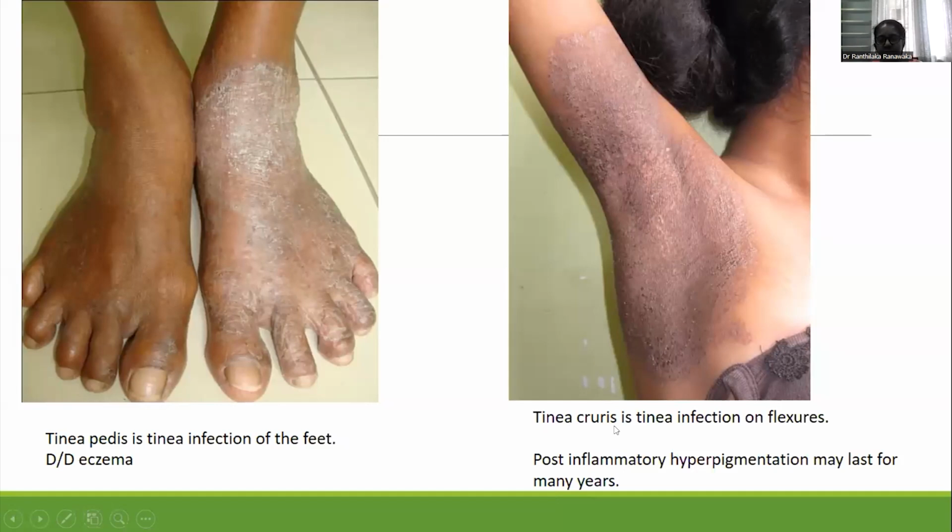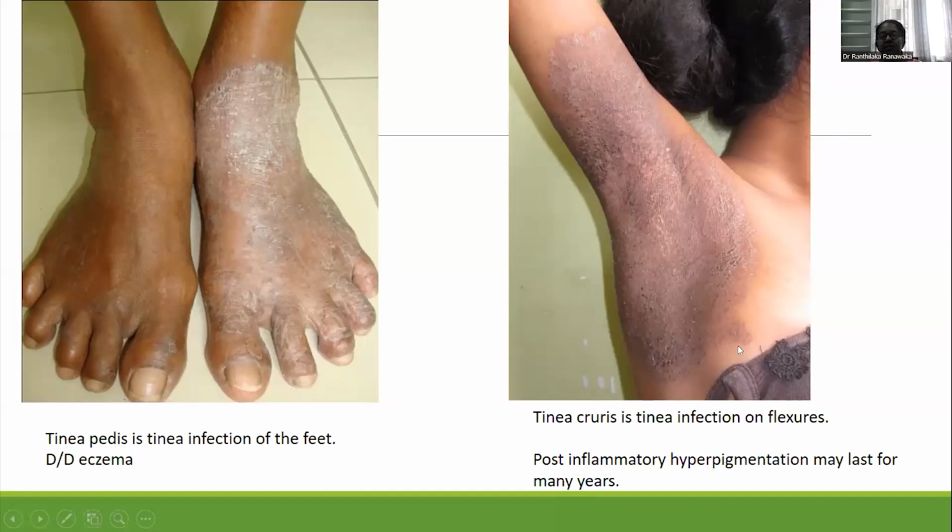Tinea cruris is again tinea infection on flexures. Again, look at the active inflammatory edge, right? You can see this is well demarcated and there's an active inflammatory edge. And the worst thing is that they get post-inflammatory hyperpigmentation.